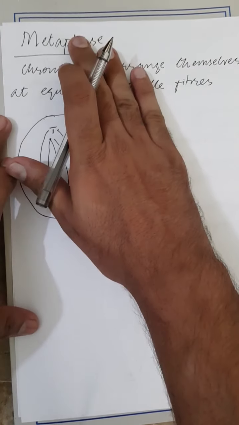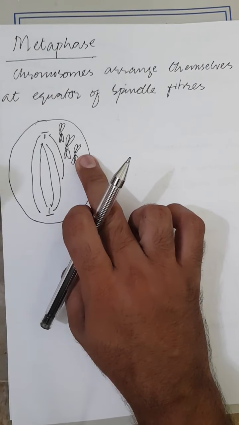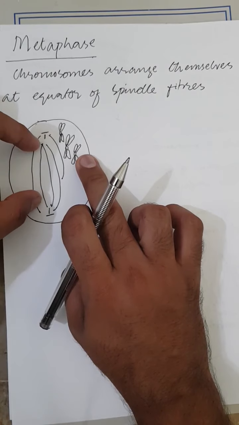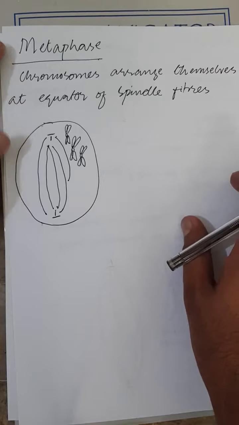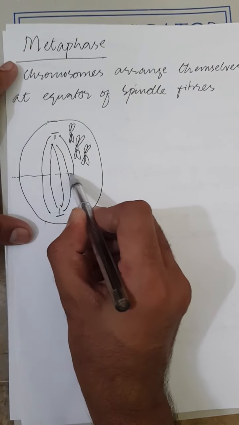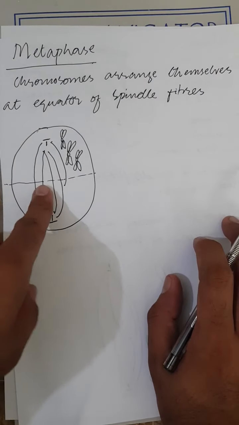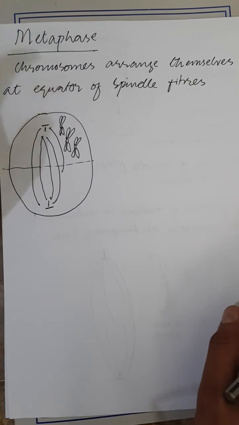So in this metaphase, these chromosomes, which we condensed from the chromatin and made into this kind of structure in the prophase, will arrange themselves at this equator, the half of any oval or circle shape.